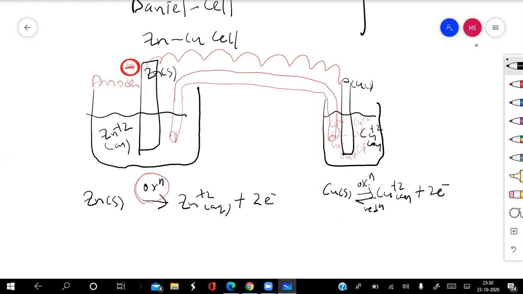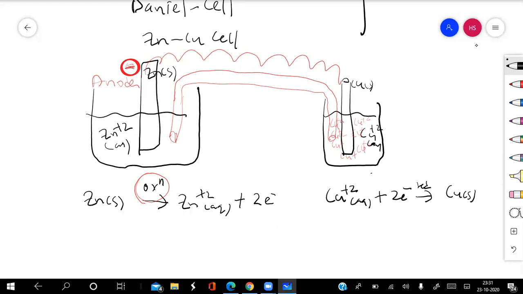Understood? So here copper will undergo reduction because the SRP value, the standard reduction potential value of copper, is greater compared to zinc. So at the positive electrode, the copper ions will accept the 2 electrons and undergo reduction to form what?